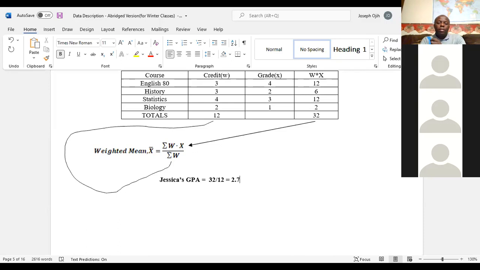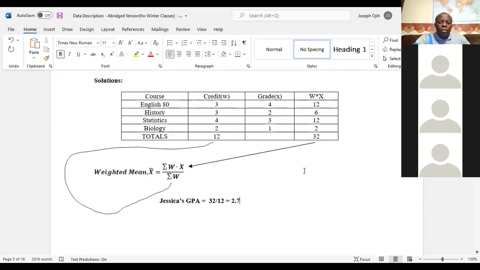Excuse me, Professor. Go ahead. For the weighted mean, the numerator has the sum of W times X. So is that the 12 times the 32, or is it the 3 times the 12? Look at my hand here. This is W times X right there, and this is the sum right there.